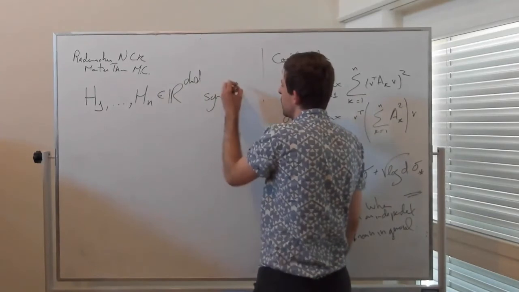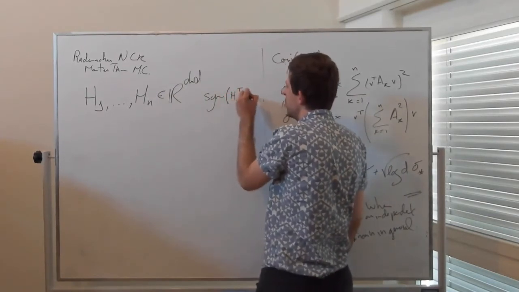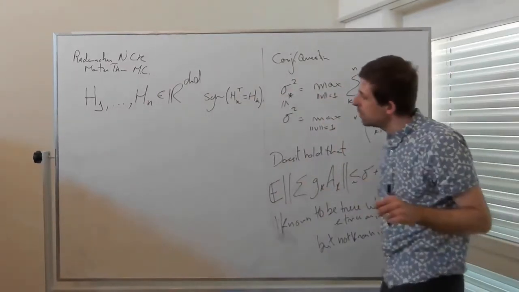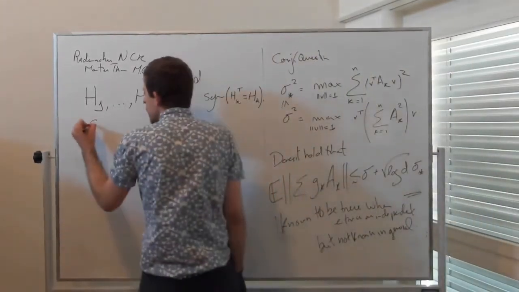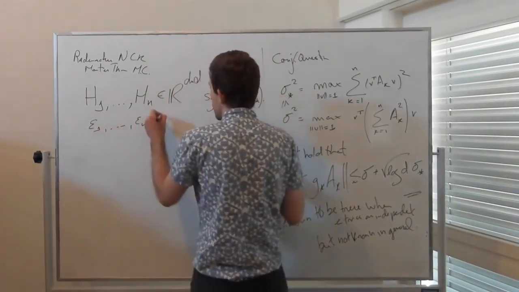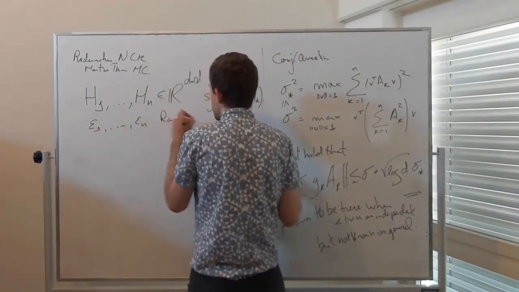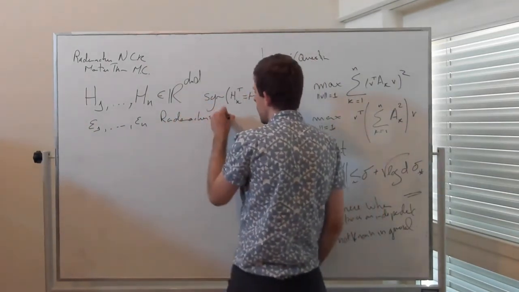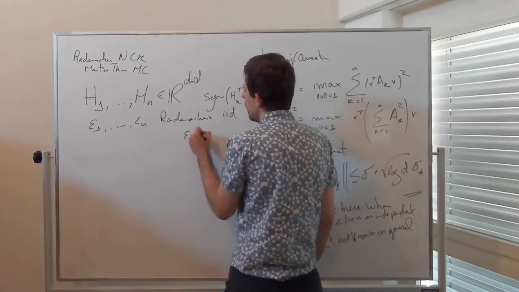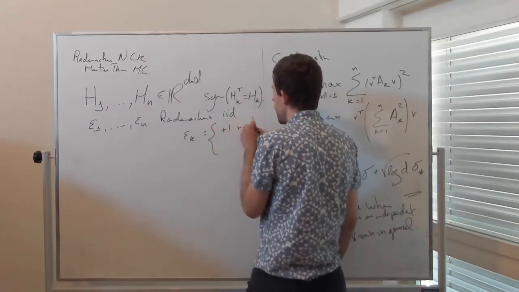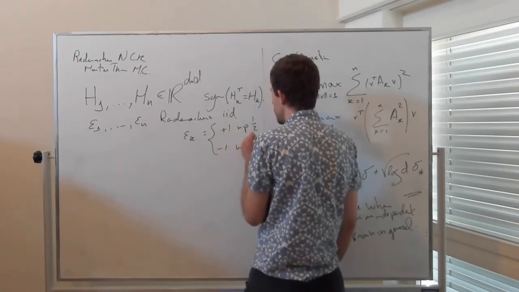Symmetric, so remember by symmetric we mean that for all these matrices the following is true almost surely, with probability 1. And now epsilon 1 through epsilon n are Rademacher random variables. What I mean by this is they are IID, and they are 1 with probability half, and -1 with probability half.